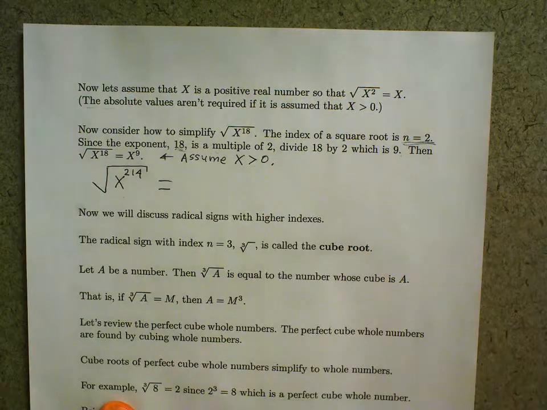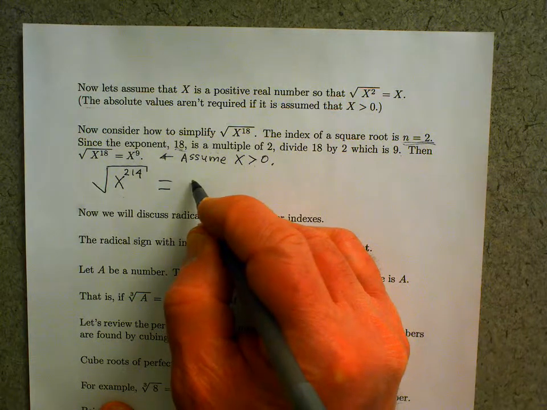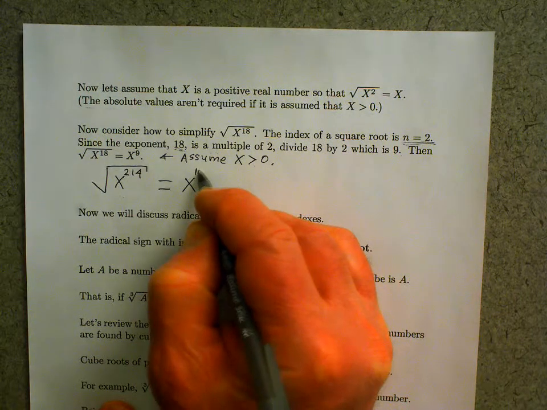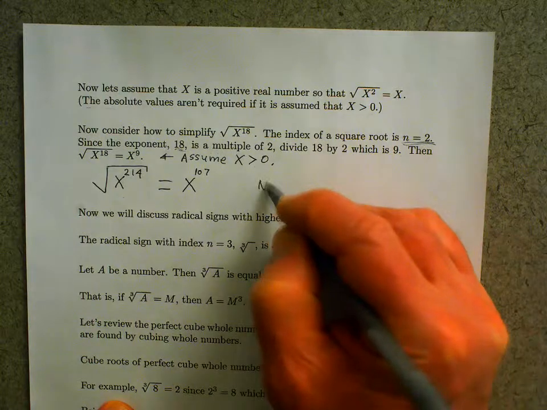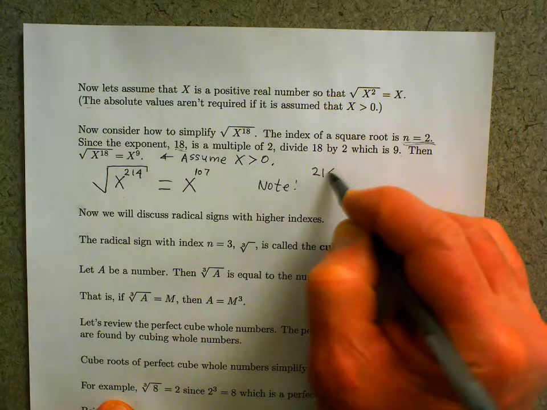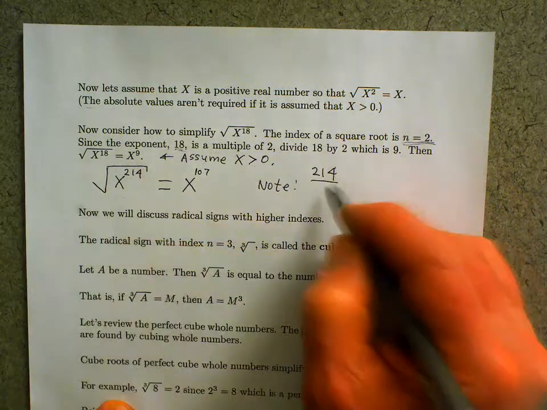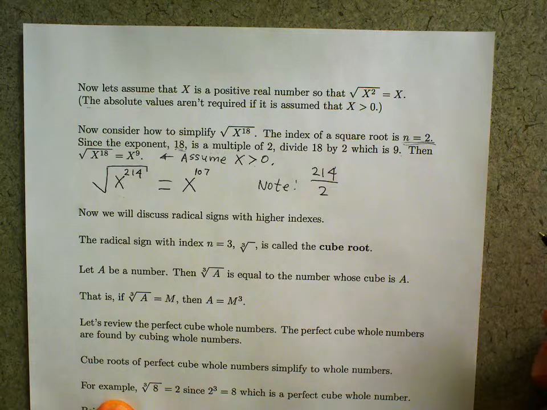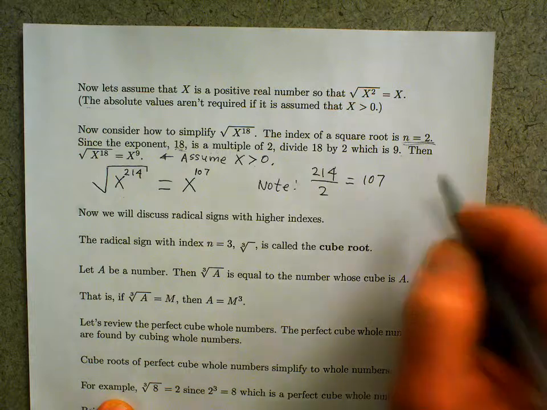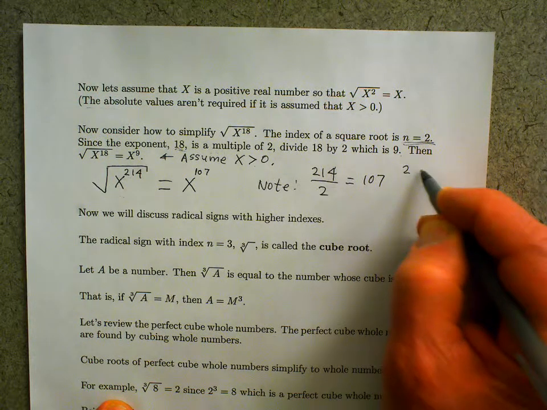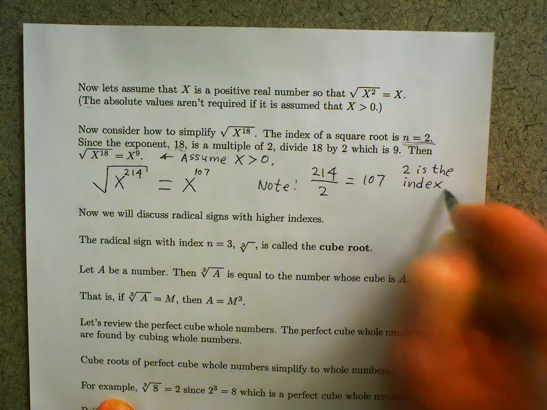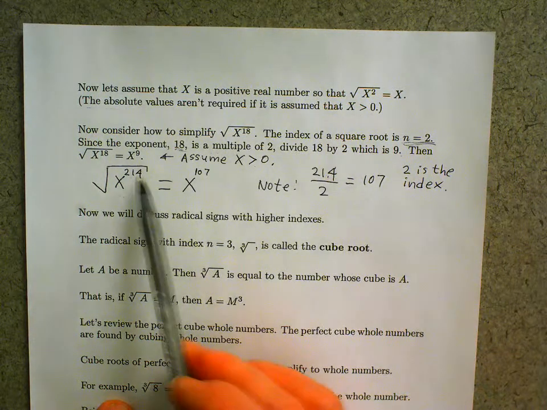So we can simplify that to x to the 214 divided by 2, or x to the 107. So we note that we divide the exponent 214 by the index. 2 is the index of the square root. 214 is the exponent on the variable.